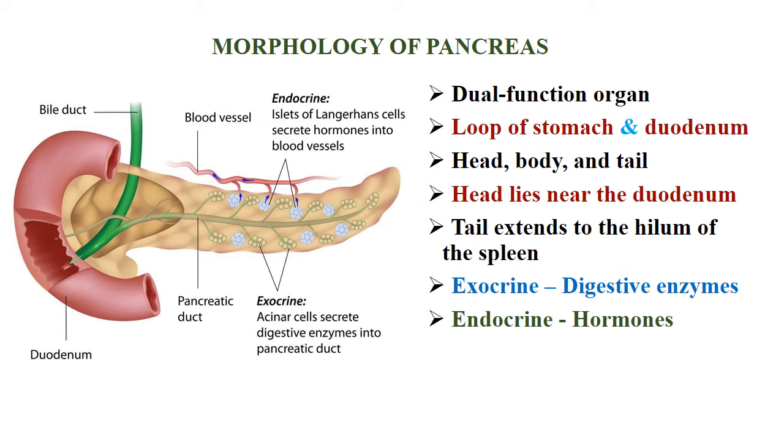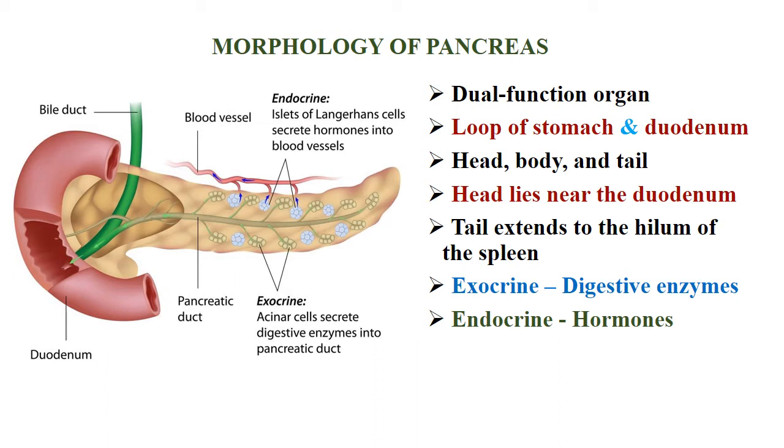The organ is divided into three regions: head, body and the tail. The head of the pancreas lies near the duodenum, whereas the tail extends to the hilum of the spleen, which is found at the other end.